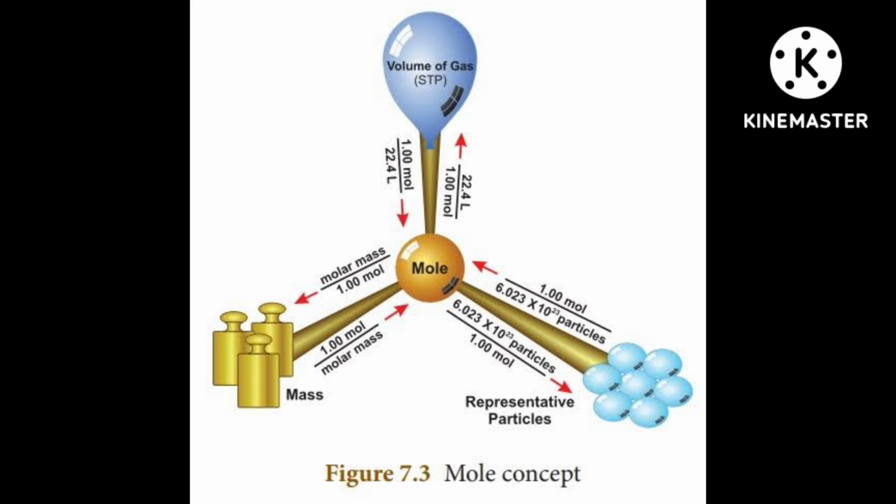After simplification it will come to 6.0221367 into 10 to the power 23 atoms per mole. This is a very simple calculation. The starting point is that 1.992648 into 10 to the power minus 23 gram equals 1 atom of carbon.